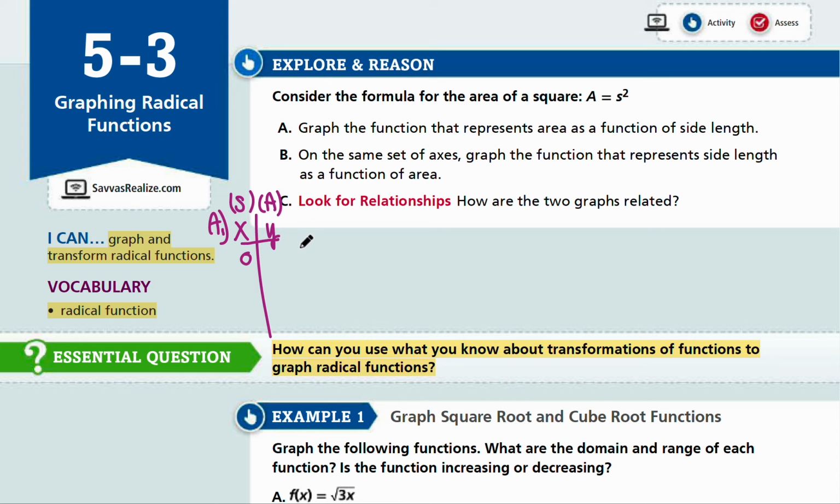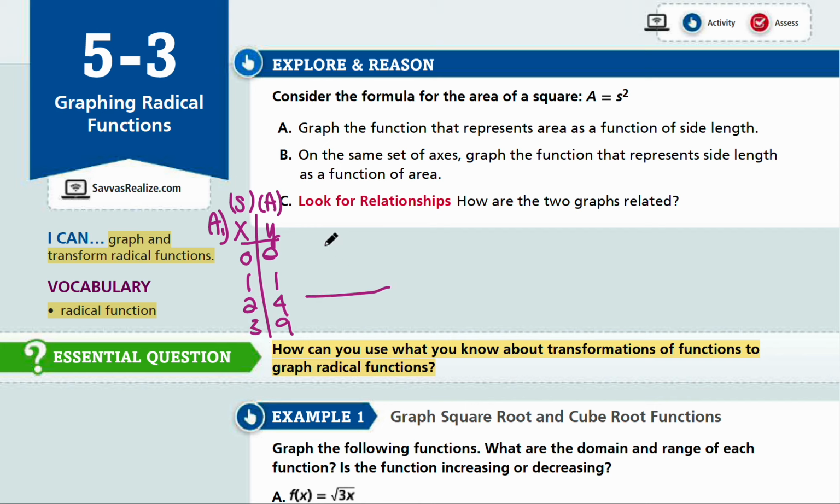So when x is equal to 0, obviously a would be 0 because no side length, no area. And then when side length is 1, 1 times 1 is 1. So 1 square unit. And then 2 times 2 is 4, and then 3 squared would be 9, and so on.